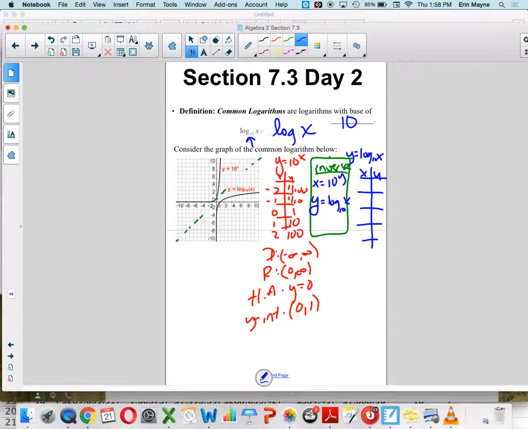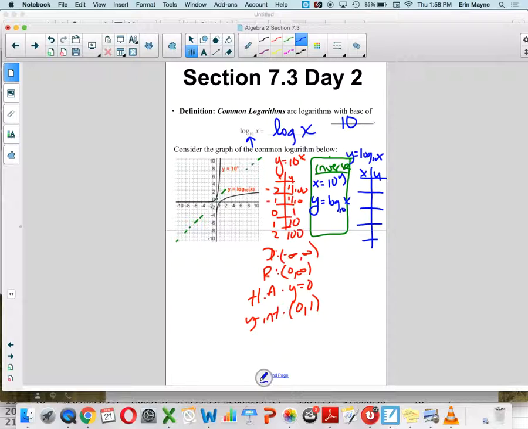Now, from red table to blue table, I just what? Flip them, right? Now, pause for a minute and look right here. I'm going to tell you that 75% of kids who learn this are going to cling to find the exponential first, find the logarithmic second. That is completely fine.